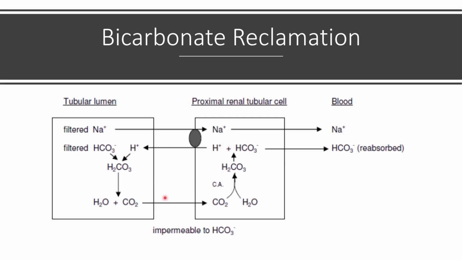So it tends to just maintain the status quo and ensure that every unit of bicarbonate that is filtered is reabsorbed back into the body. Generally, bicarbonate reclamation is a physiological process by which the filtered bicarbonate is reabsorbed back into the body without adding to the amount of hydrogen ion that is being lost by the body.